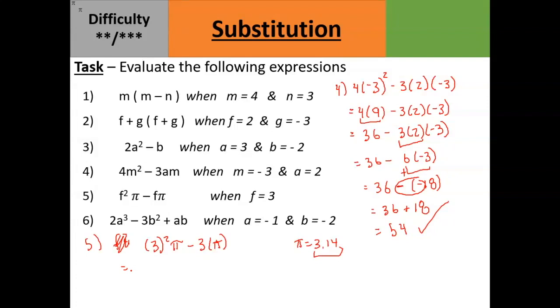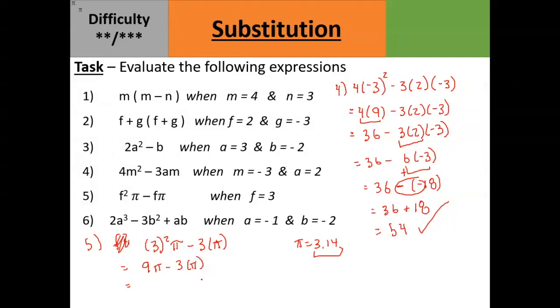It doesn't matter. Okay. All right, 3 squared we're going to do first. So 3 squared gives you 9, times pi. So in our calculator, we can go 9 times pi.